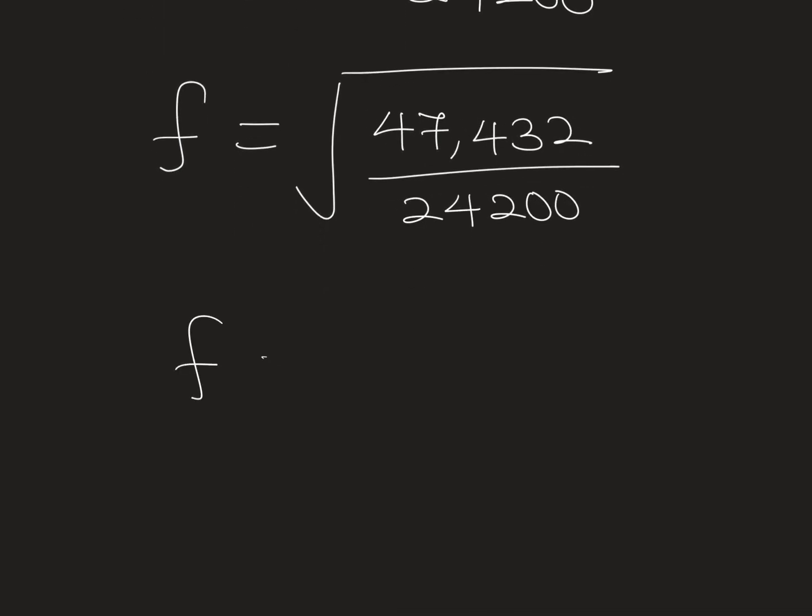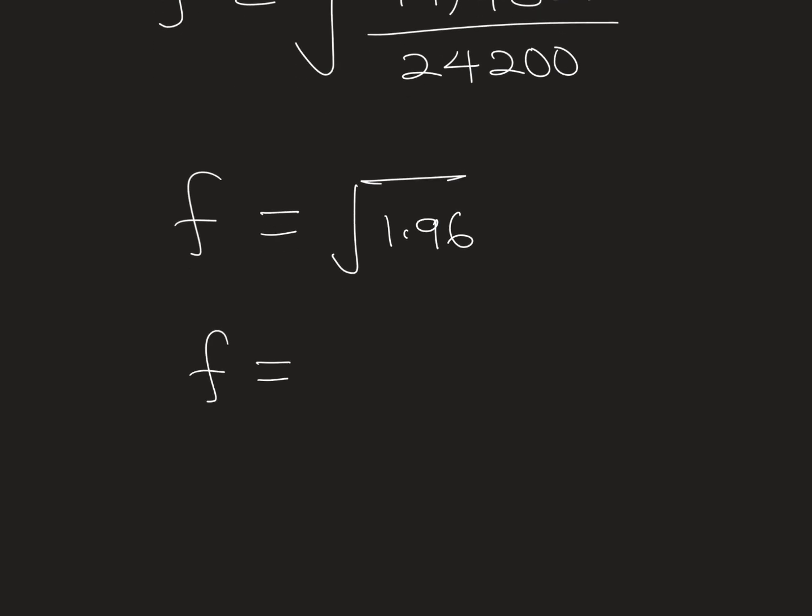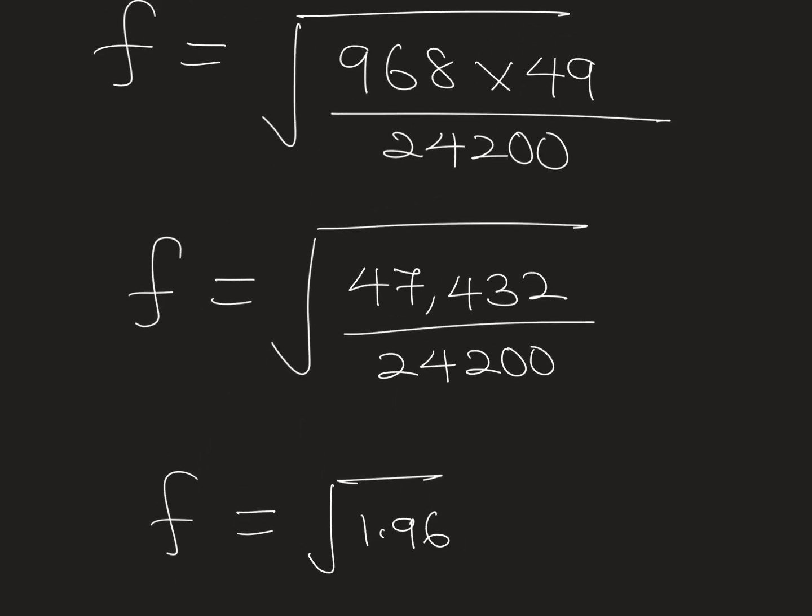So the frequency is equal to the square root of 47,432 divided by 24,200, which is 1.96. So what is the square root of 1.96? We'll have 1.4 hertz. So you see, whichever formula is simple for you, you can use that.